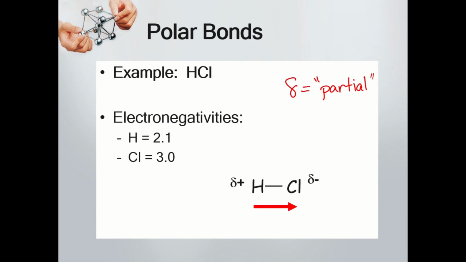Again, it's because of the difference in the values of our electronegativities. H is 2.1, chlorine is 3.0. That is why there are partial charges. And because there is a separation of charge, there is a dipole moment. So there is a dipole moment here because, again, this is a polar bond.